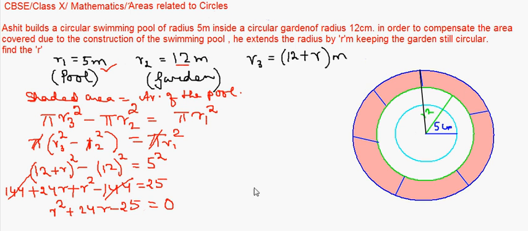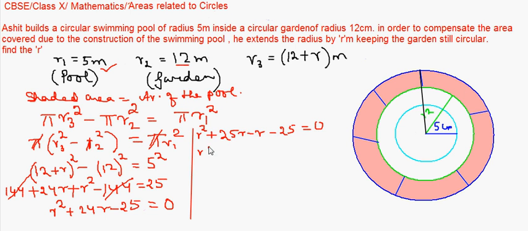So I will make a line here and continue solving on the other side. Splitting the middle term, I get r square plus 25r minus r minus 25 equals 0.